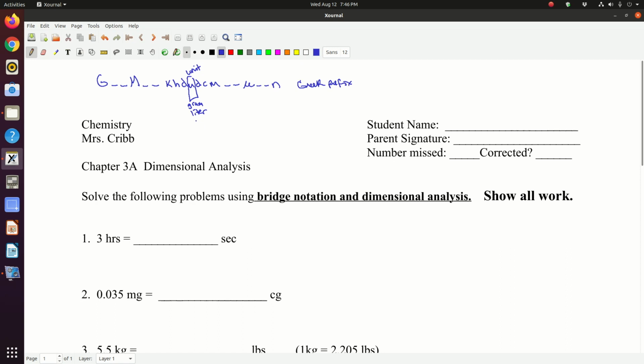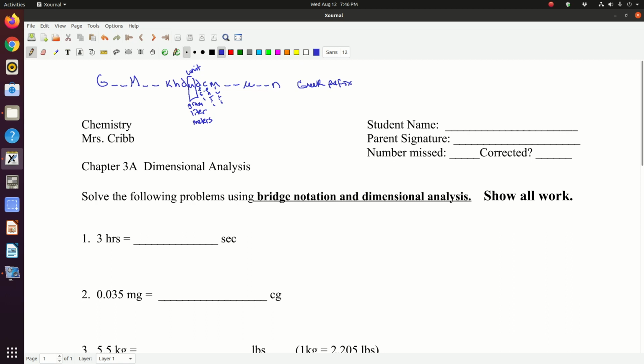Grams, liters, meters, all metric units, basic units with no prefix in front of them. And then you would have the giga and the mega and the micro over here and the milli, and the centi, and this is deci.